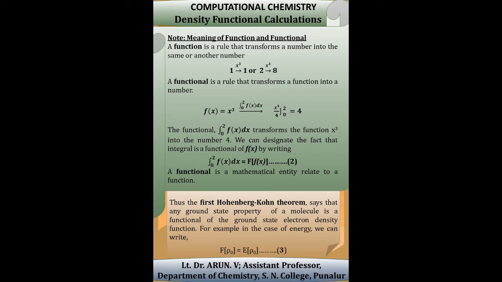For example, in the case of energy, the ground state electron density rho 0 is a functional of, and this gives energy that has a particular value. So we can convert the ground state electron density functional to a quantity having energy.